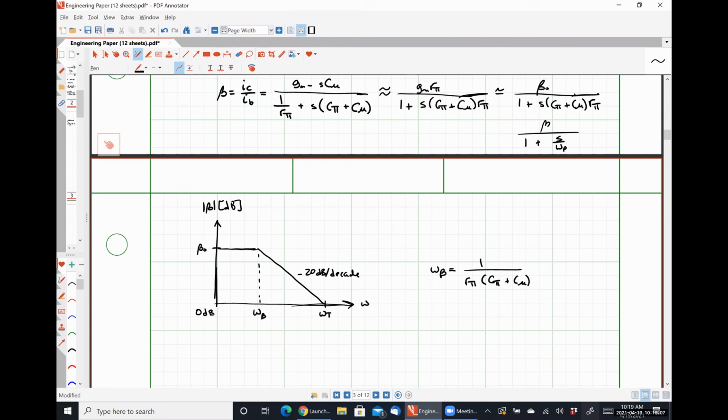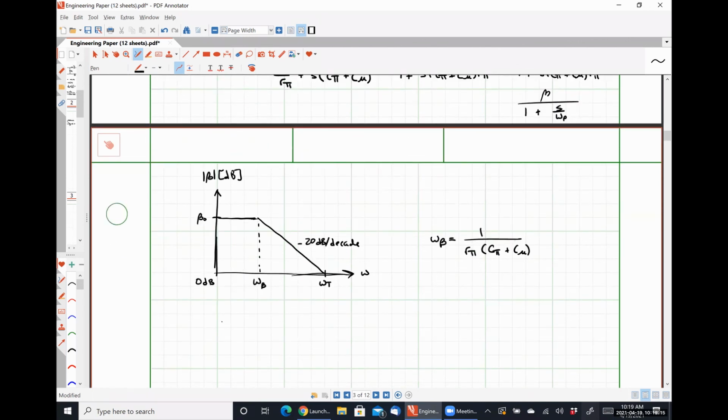Since it's an amplifier, we have a constant gain bandwidth product, which means that omega t is simply equal to beta naught, our gain, multiplied by our bandwidth, which is omega beta, right?